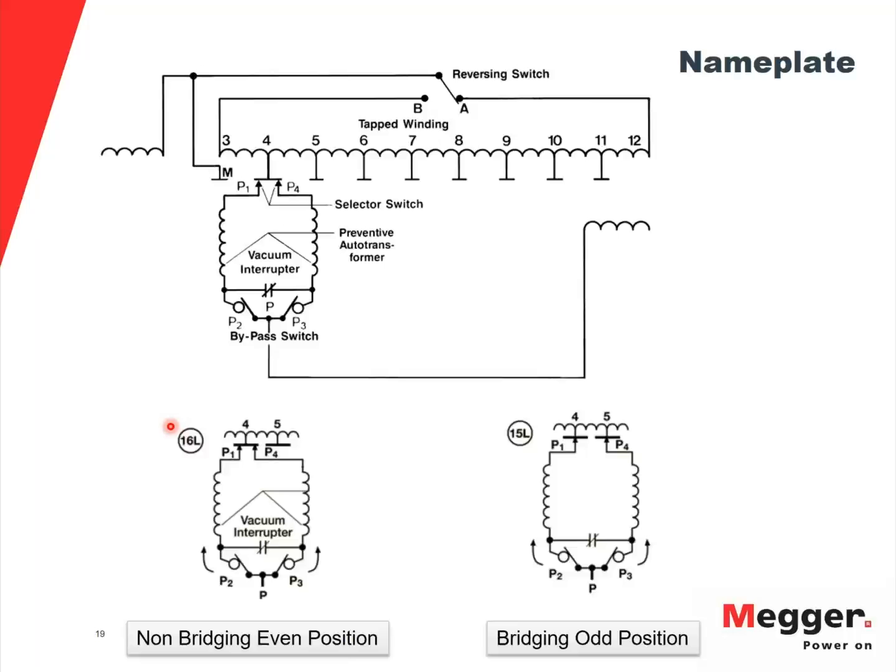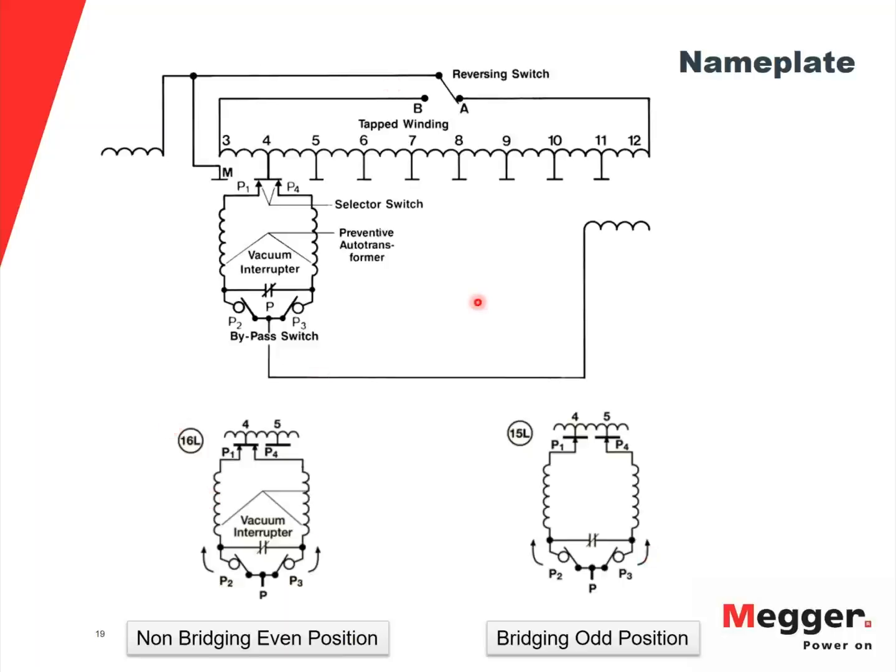In some other cases, you might run into reactive type tap changers. In those, in addition to the reversing switch, you also have a preventive autotransformer. The advantage of having a preventive autotransformer is that you can operate the tap changer in the bridging position as well as the non-bridging position, as you can see in the pictures here.